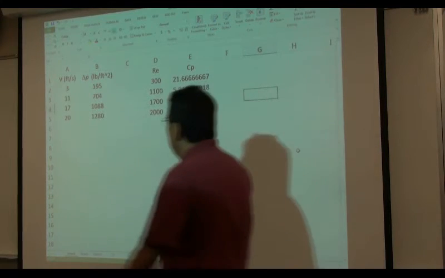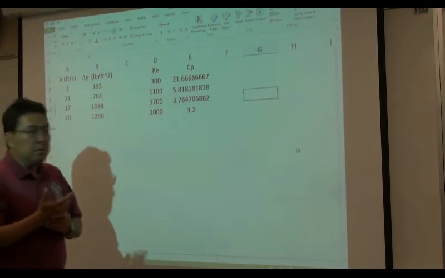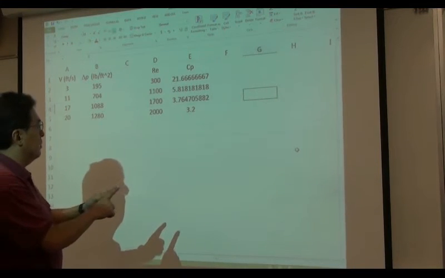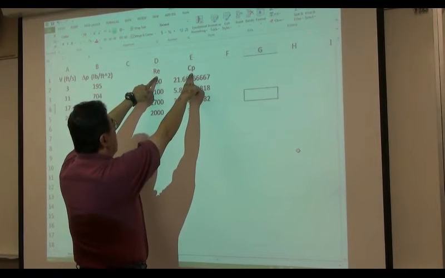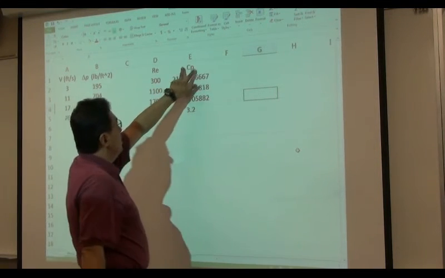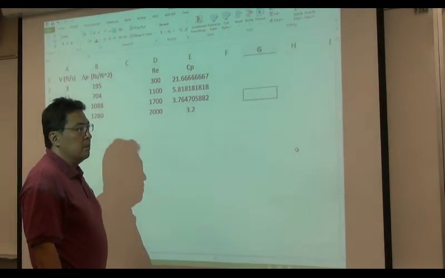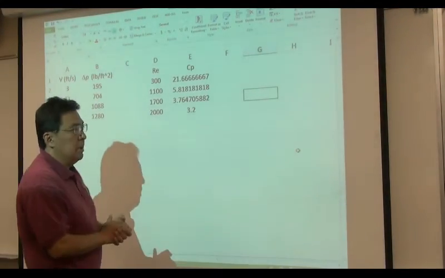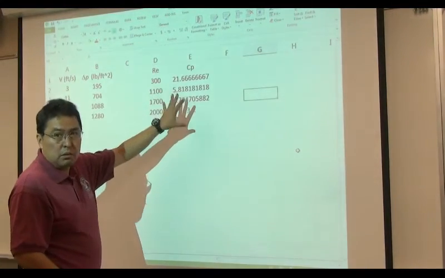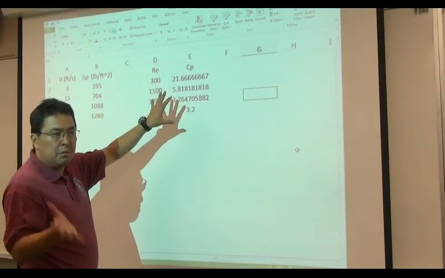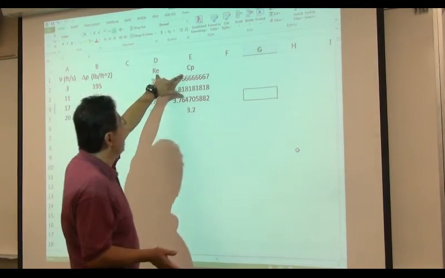All right, so what are we going to do? Our purpose here is to find out the relationship between Reynolds number and Cp, because we know pressure coefficient depends on Reynolds number. So what kind of relationship do we have? That's why we want to plot our results. Plot tells you the relationship between those two variables.